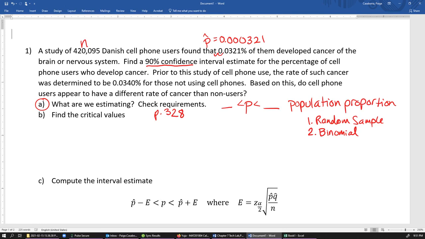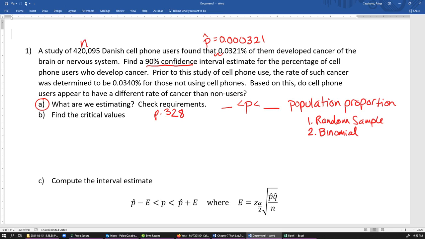So here the trials would be all 420,095 cell phone users, and the success failure condition is whether or not they got cancer or did not. So this is a yes or no answer for each person within the population. And so we are assuming that those results are independent. So if these people were really randomly sampled, those results should be independent.